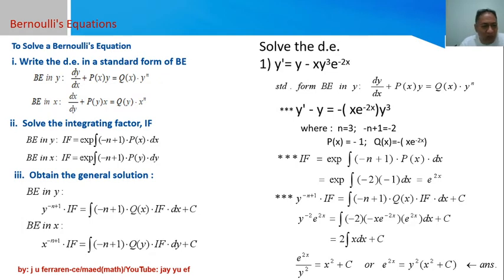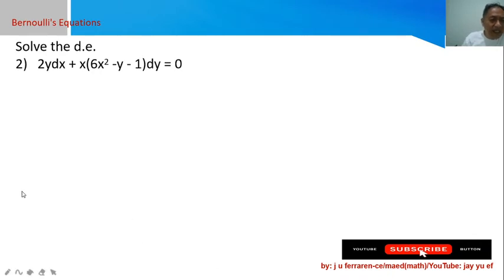But just to gain more familiarization on how to solve an equation under a Bernoulli classification, we can have another example. So this is 2y dx. If you have to check the linearity, it seems linear in x because you cannot find a term expressed as a function in x dx.